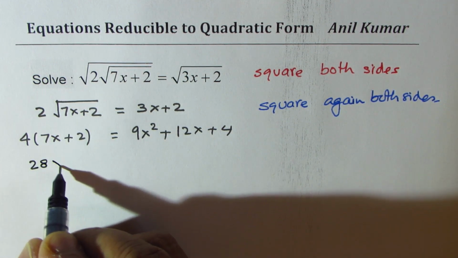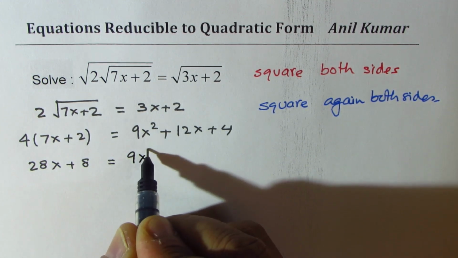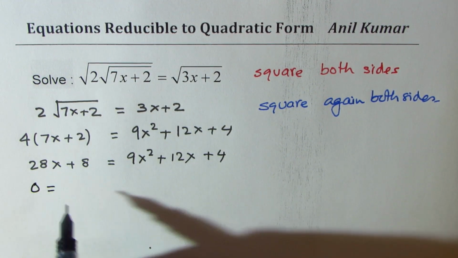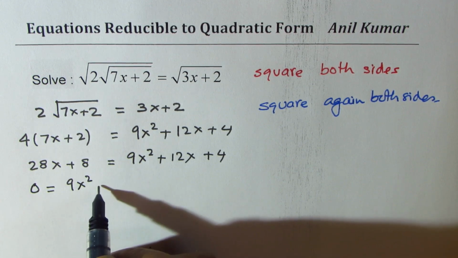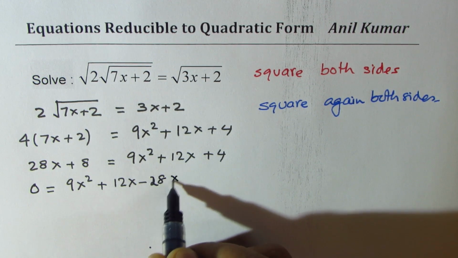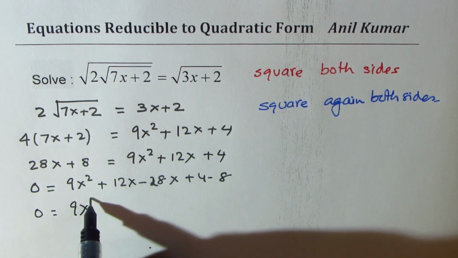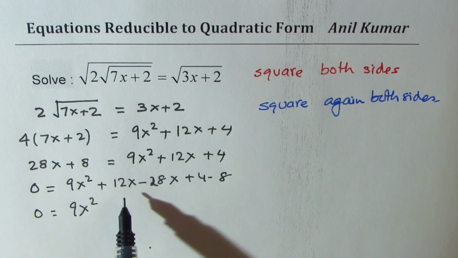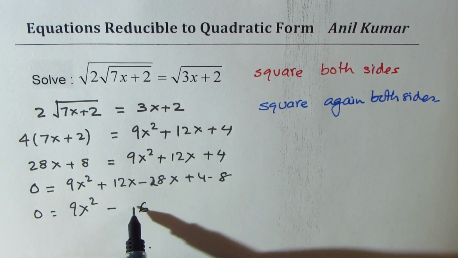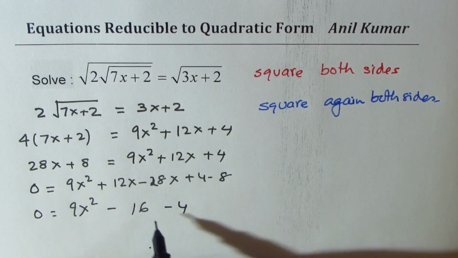We get 28x plus 8 equals 9x squared plus 12x plus 4. Bringing all the terms to the right side, we get 9x squared plus 12x minus 28x plus 4 minus 8. That gives you 9x squared, and that is how much? From 28, let's take away 12, so we get 16, and here we get minus 4, right? So that becomes our 16x.